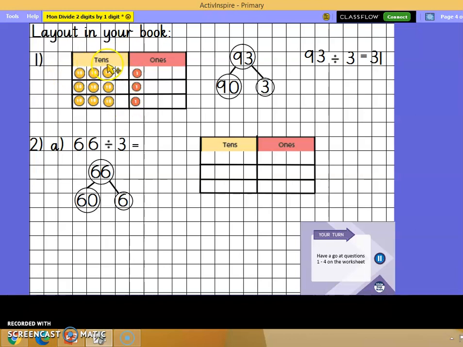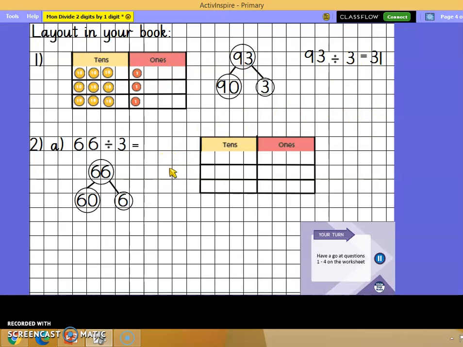So here's my 10s column, here's my 1s column, and I'm doing 93 divided by 3. So I'm writing my 90 and my 3 partitioned down. Here I've built it into 3 rows because I'm dividing by 3 and shared them out equally, checked how many's on each row, and there's my answer.